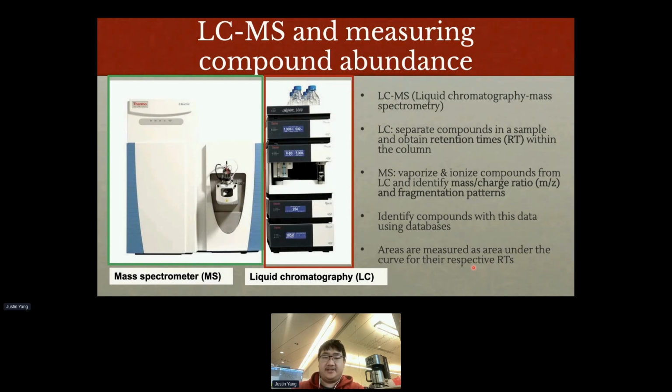That area is used to describe the abundance of each identified compound discovered.